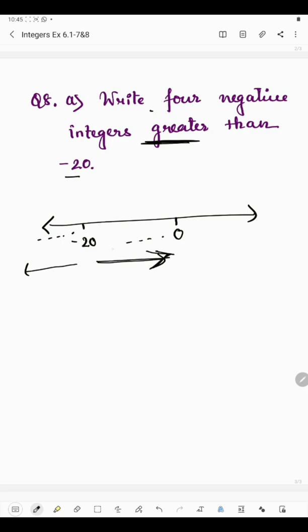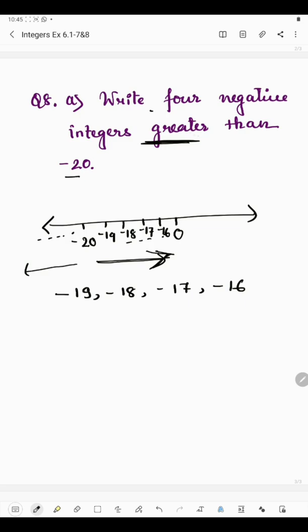And that means if you move to the right, what are the numbers that come after minus 20? It's minus 19, then minus 18, minus 17, minus 16, minus 15 like this. So since we have to write 4 negative integers greater than minus 20, it's minus 19, minus 18, minus 17 and minus 16.